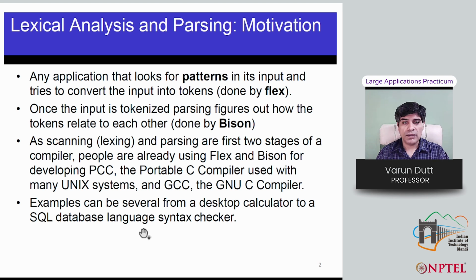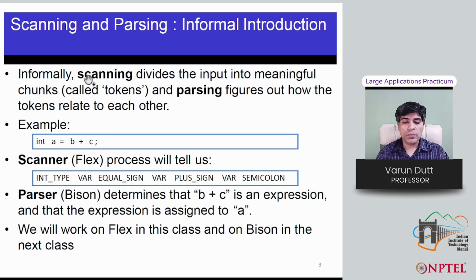So let's get started. Informally, scanning divides the input into meaningful chunks, and these chunks are called tokens, and parsing figures out how these tokens relate to each other. Let's say we write a statement in a programming language like C or C++ as int a = b + c;.